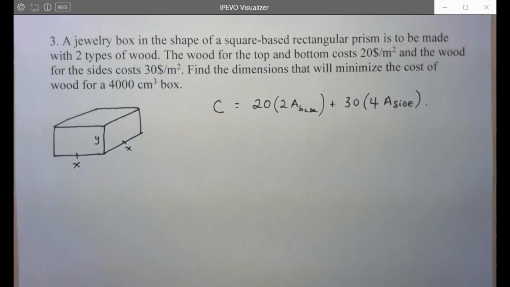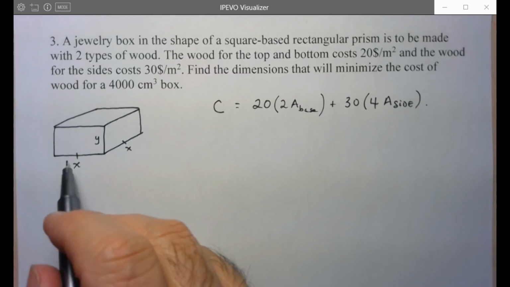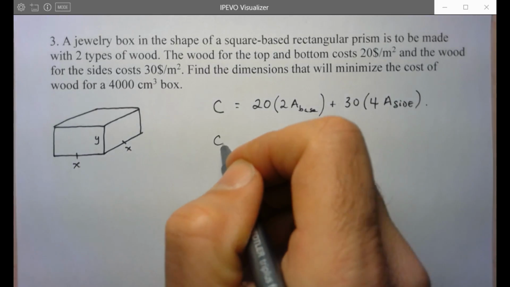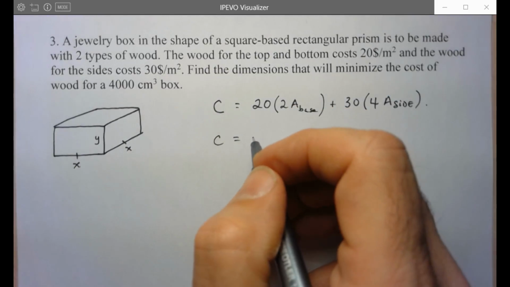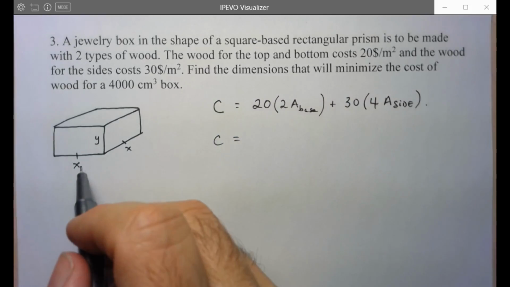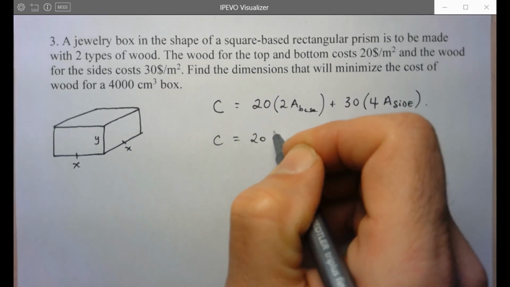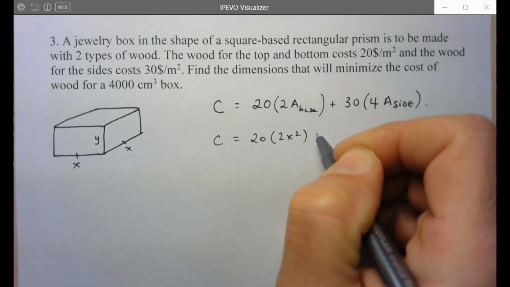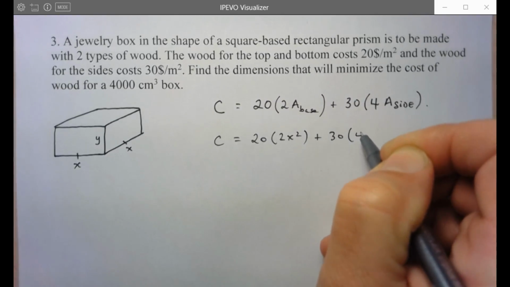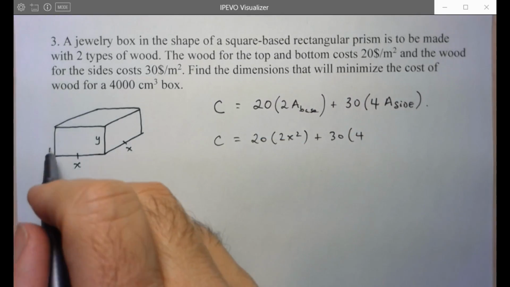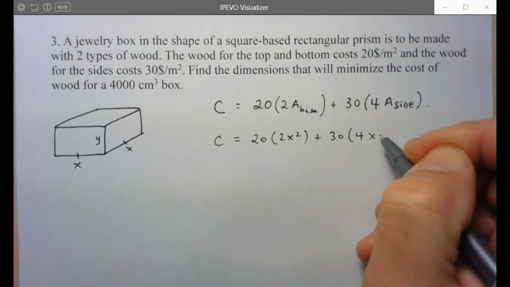All right, so now let's use our variables to determine all of these. So cost is going to be 20 times the area of the base, which is just x squared, so 20 times 2x squared. And then 30 times 4 times the area of the side, which is just going to be x times y.